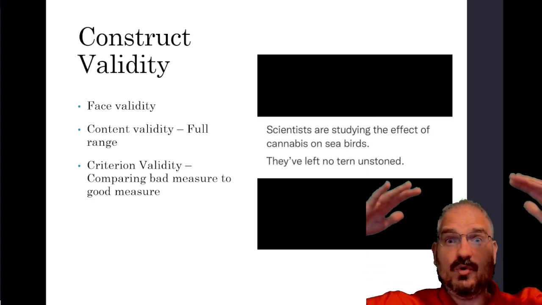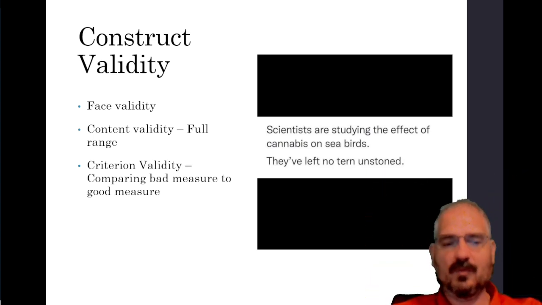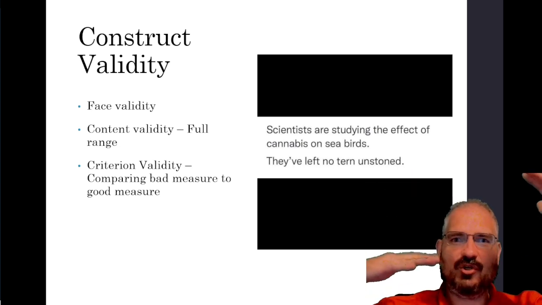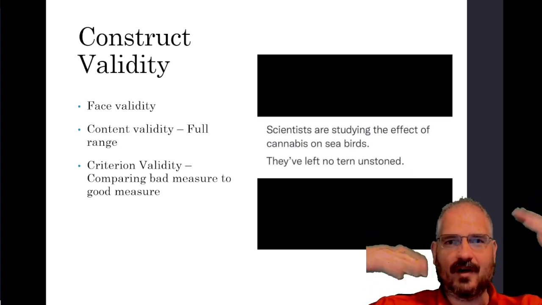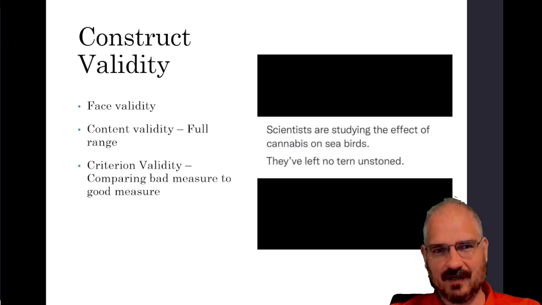And if they do, if one is high, the other tends to be high, and if one is low, the other tends to be low, we would say that those two measures have good criterion validity. But if the two go up and down in our sample without any seeming correspondence, then they don't have good criterion validity.